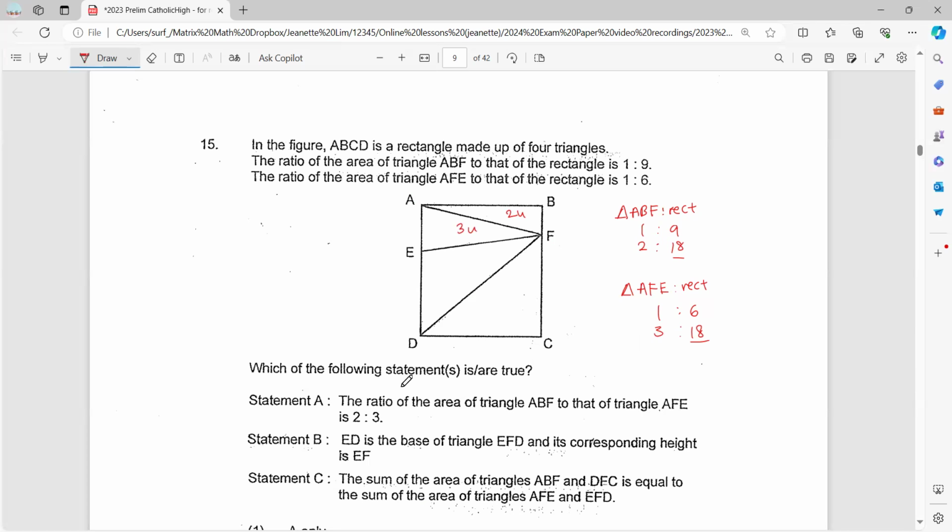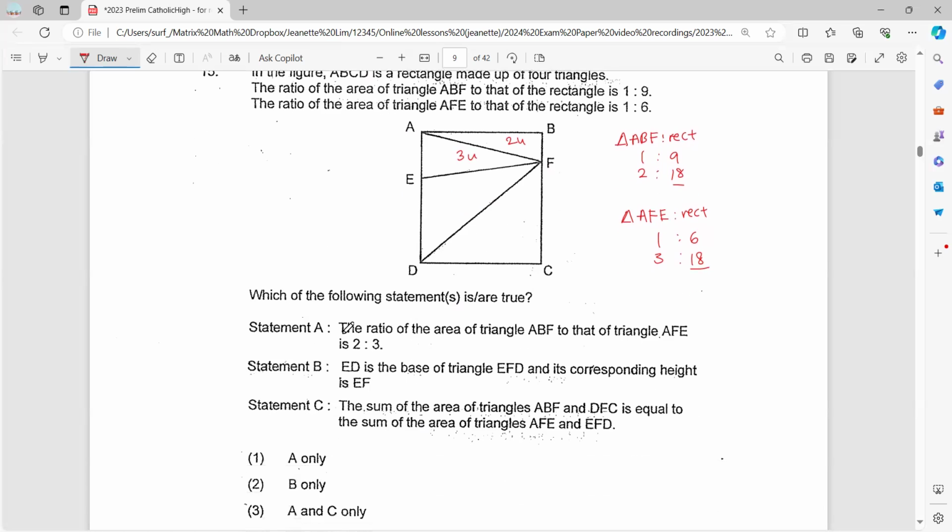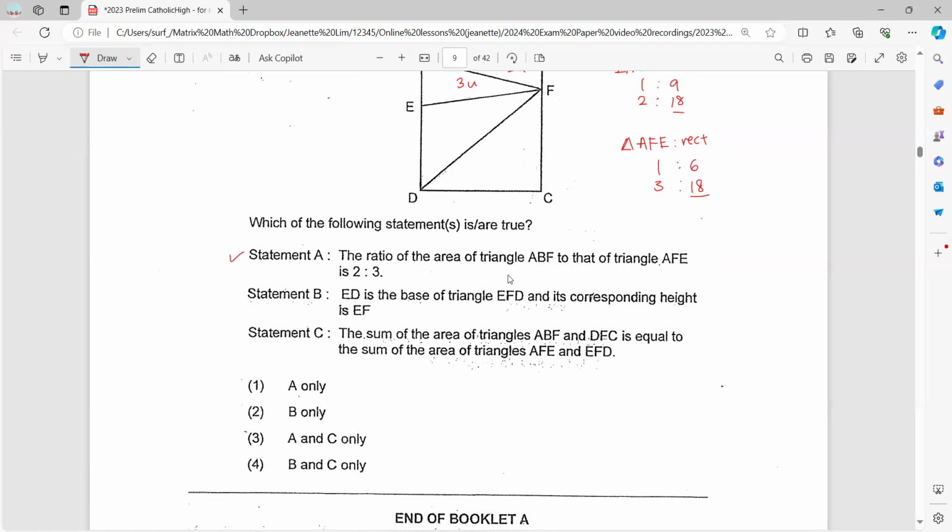Okay, so we need to identify the statements that are true. Statement A, ratio of ABF to AFE is 2 to 3. Yes, that is true. So A is definitely right. And we eliminate those that don't have A. So you're left with A or A and C.